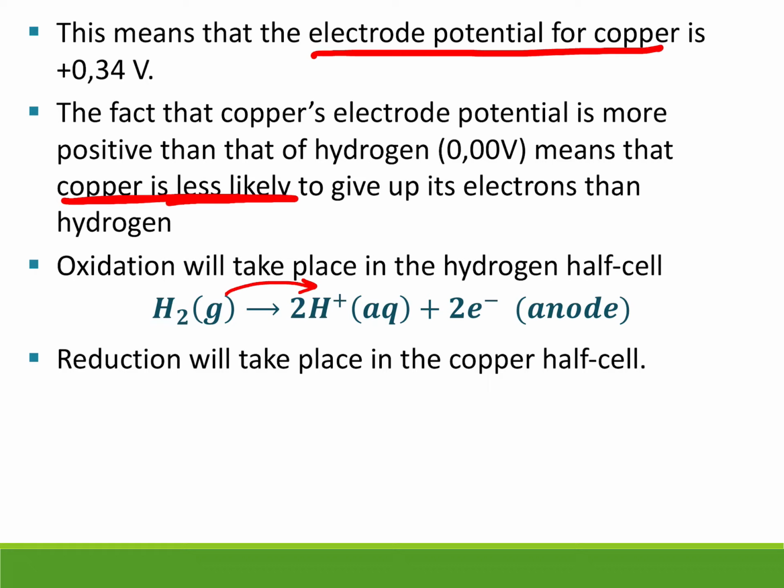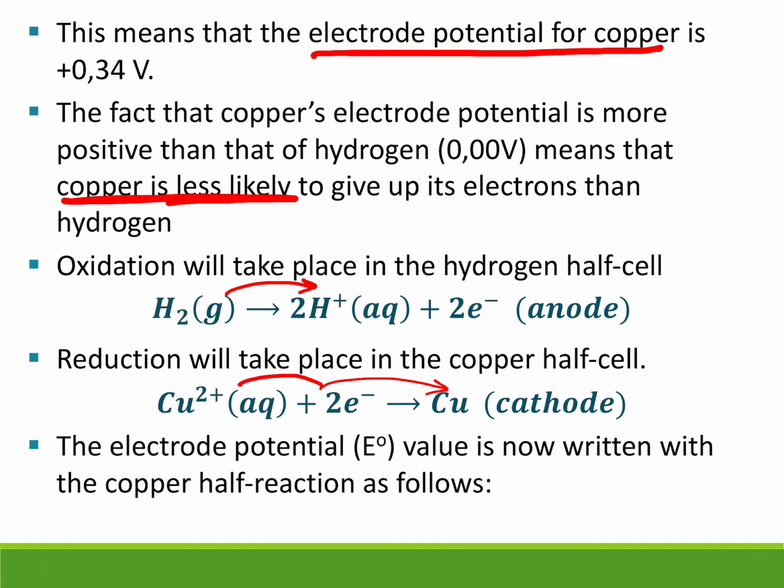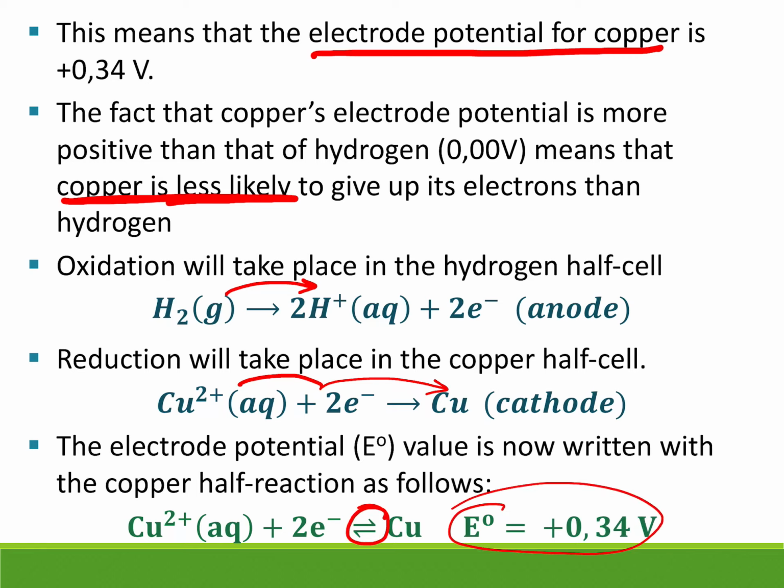Reduction will take place at the copper half cell because it wants to be reduced more than it wants to be oxidized. So the Cu2 plus ions in the electrolyte will take those electrons and become Cu. But remember, copper can be oxidized or reduced. So we can now write the copper half reaction as an equilibrium when I put the electrode potential values onto it.